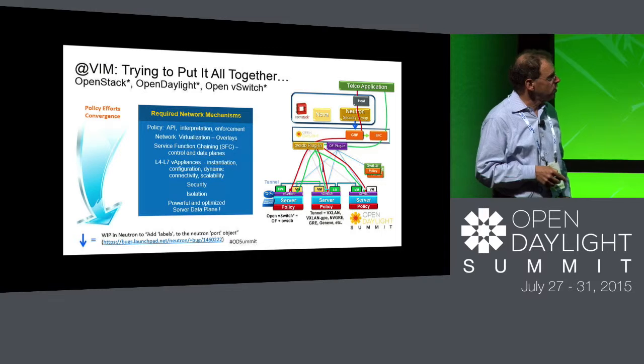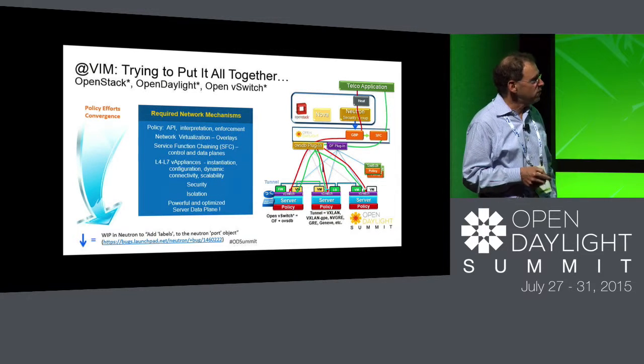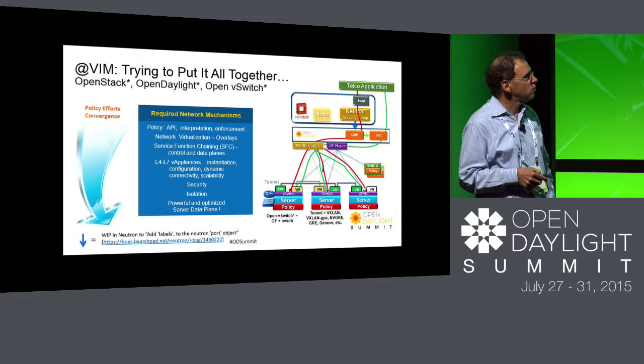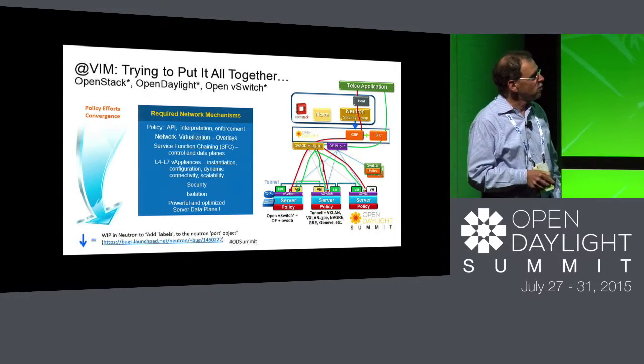OK, so here is a little bit basic diagram just to try and stitch everything together. So I'm using a telco application. Again, it doesn't matter. There are two ways primarily I could do things right now. One way is to simply work directly with OpenDaylight. And I could go to the SFC.